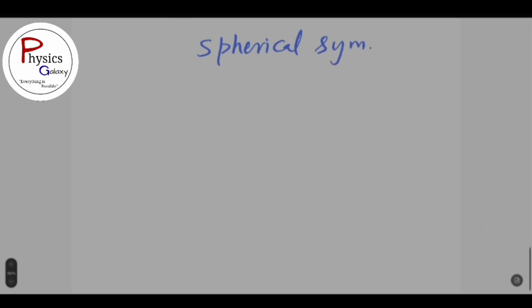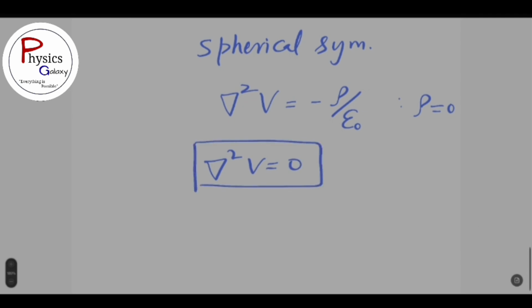Okay, and our master equation is del square V equals minus rho over epsilon naught, and we have the condition that rho equals 0. So del square V equals 0. But because we are working in the spherical system, we have to use the Laplacian operator in spherical coordinates.